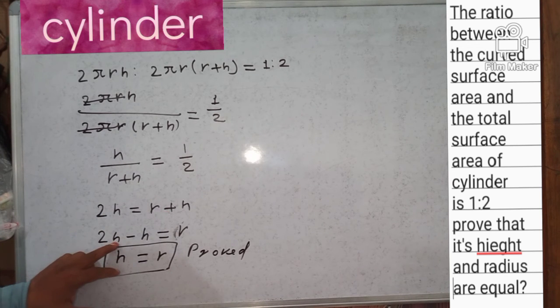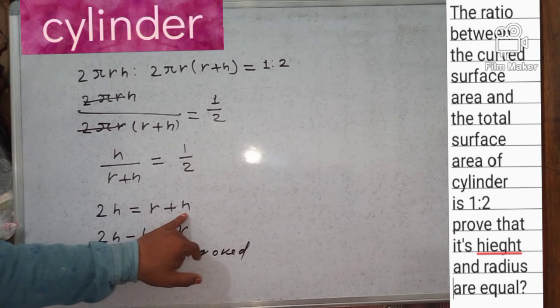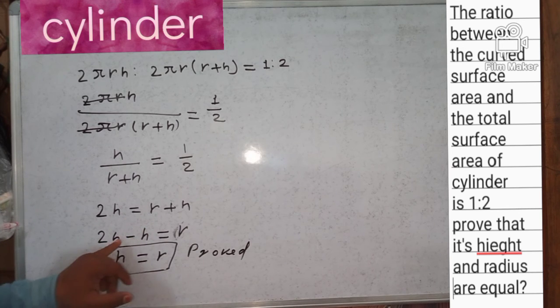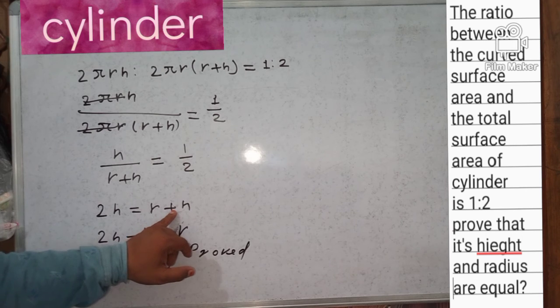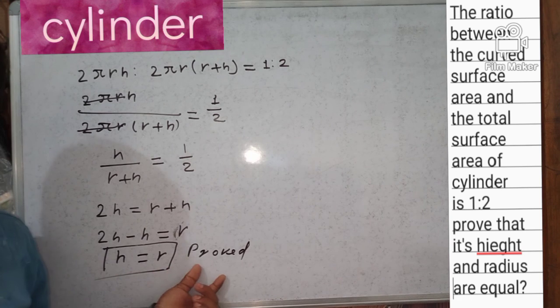So 2h, this is plus, so it will be minus h here. So 2h minus h is only h, and our r is here. So h is equal to r. So this is the proof, h is equal to r.